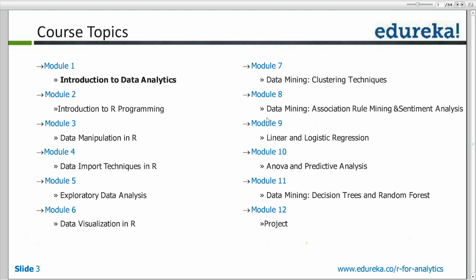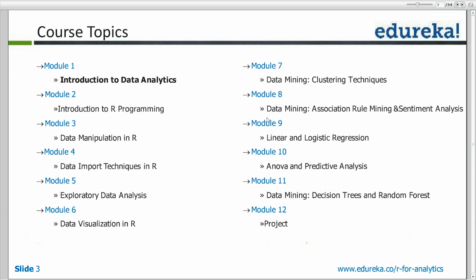Module 3 and Module 4 are about how we manipulate data in R, how we import data in R. Then over 5 and 6, we will understand how to perform exploratory data analysis in R and also visualize data in R, which will help us communicate the underlying story in a very effective manner to the businesses and to the clients you work with in your organizations.